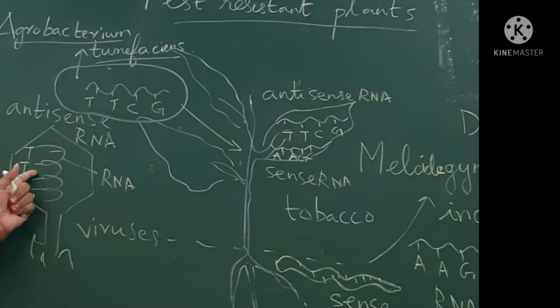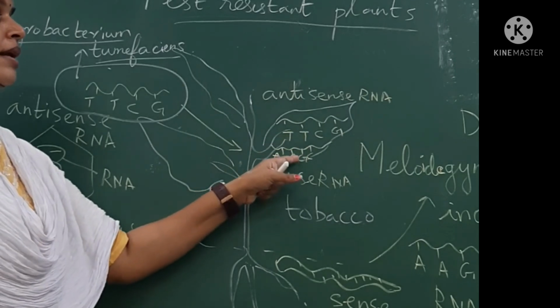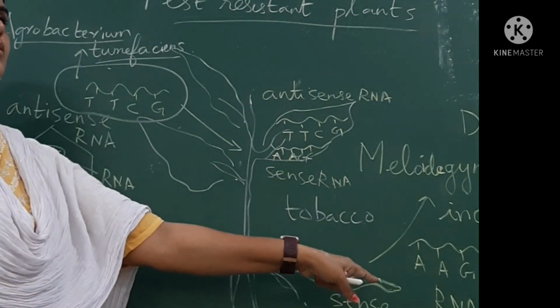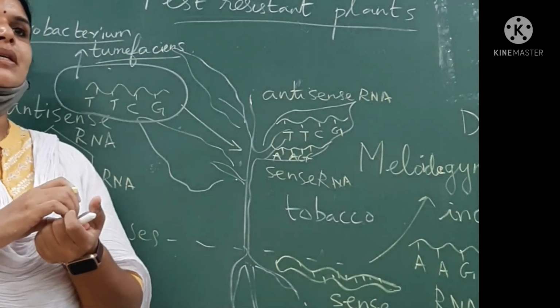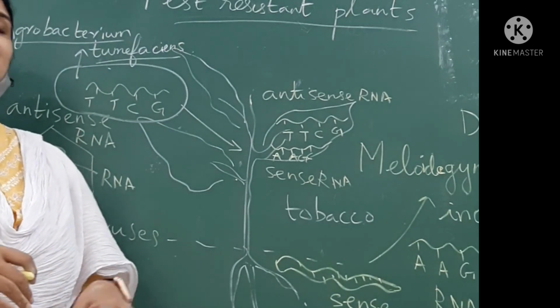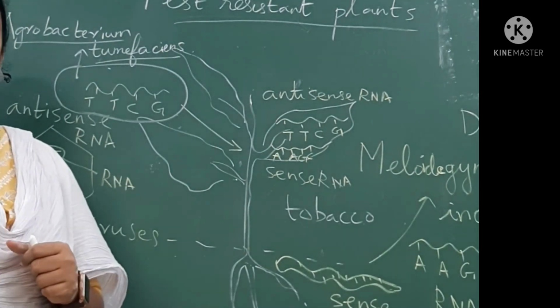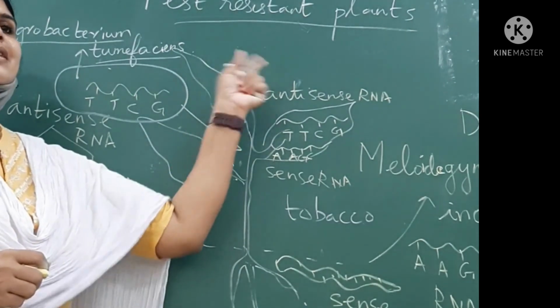It had a complementary base. That one interfered with the RNA of the worm. That's why the worm cannot destroy now. The worm can bite, but even after biting, it cannot destroy this plant. Because the plant has what as a protection? The plant has antisense RNA.